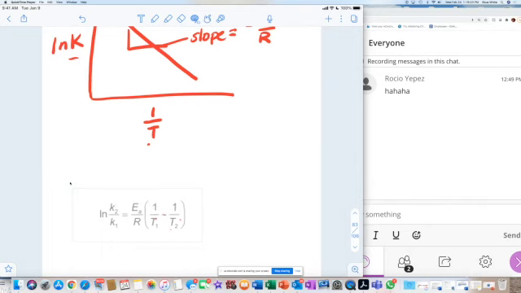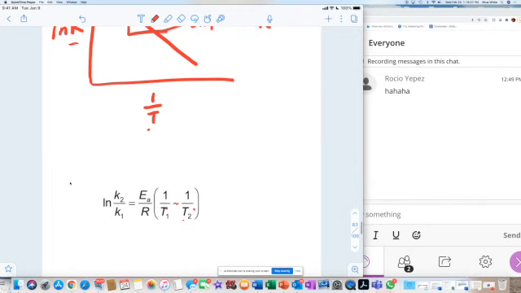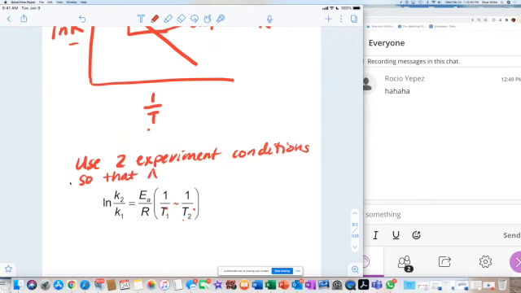Okay. The easiest way for us to solve this and leave A out of it is to use two experiment conditions so that A is not considered.